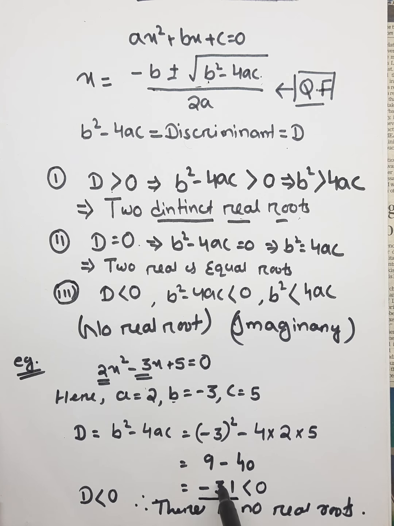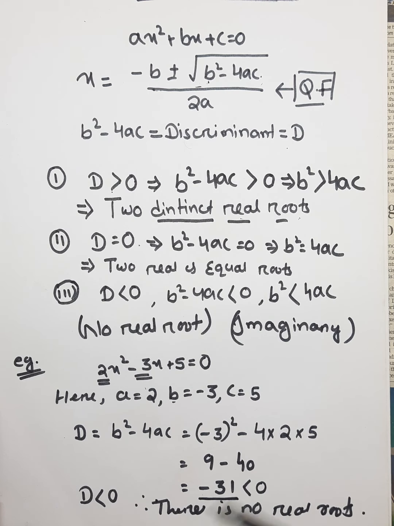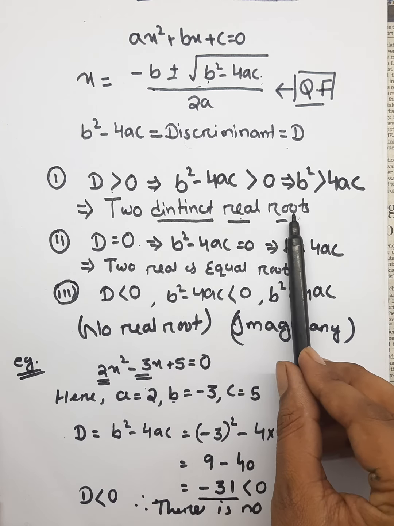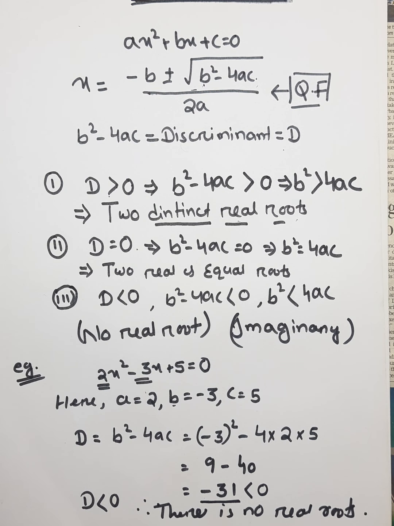If it is 0, then D is equal to 0. If it is positive, say plus 31, then there will be two distinct real roots. In this way you can solve the equations. Thank you for watching.